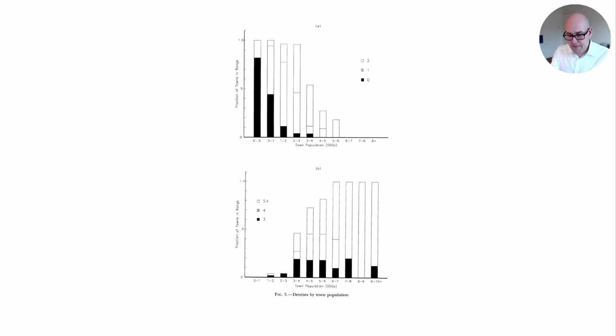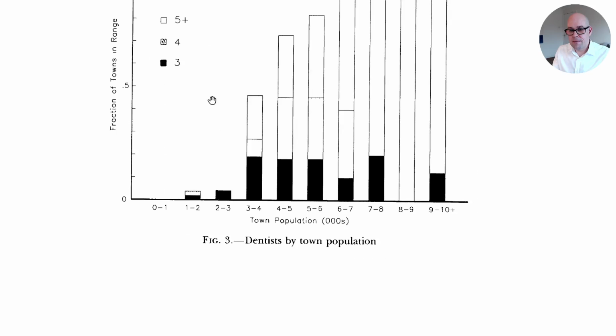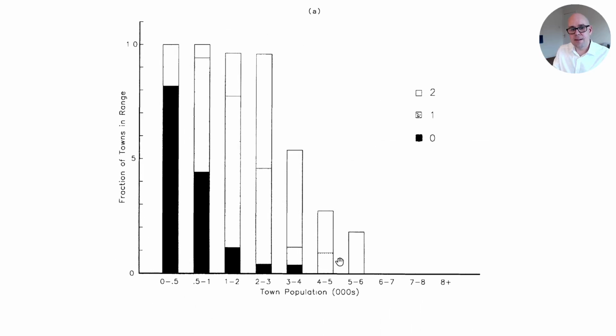Good, so let's look at the data a little bit. What you see here is dentists by town population. This is the sort of stuff they look at in the paper. What this figure shows is that when town population in thousands is between 0 and 0.5, so when between 0 and 500 people live in some town in the US, and what they look at here are isolated towns, so that they can abstract from interaction across towns and people traveling between towns.